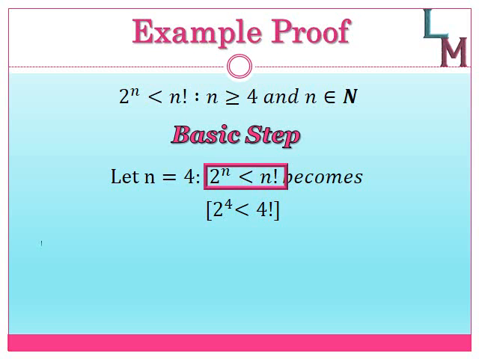You can plug it into your calculator, you can do it in your head, but at the end you're going to get the result that 16 is less than 24. And of course we know this to be true because we know how numbers work, and 16 is less than 24. So what you just did was you proved that this theory, 2 to the n is less than n factorial, works at our lowest number.